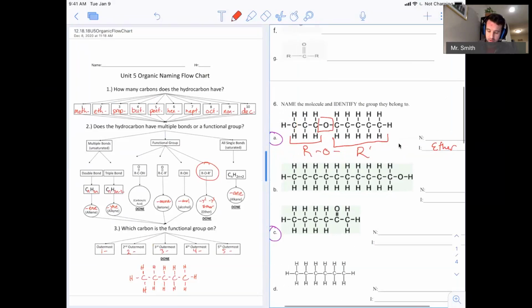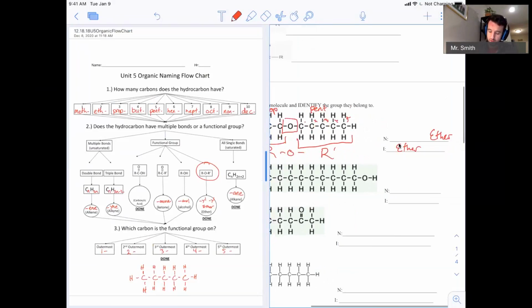And it looks like we've got 1, 2, 3, 4, 5 carbons on one of the sides, so that's pent. And then we've got 3 carbons on the other side, so that's prop. Now, I might have got this wrong on one of the quizzes, so I switched it. But pent, PE, comes before PR. Obviously, I'm not exactly great with the alphabet.